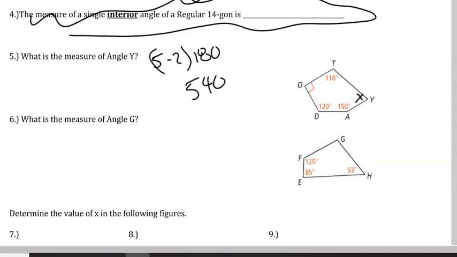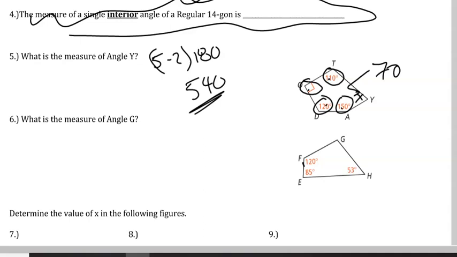Now let's take 540 and subtract away 90, subtract away that one, subtract away that one, and subtract away that one, and see what we end up having. So 540 minus 90 minus 110 minus 120 minus 150. That gave me 70 degrees left over. I did the sum of all of them, and I started subtracting away the ones they already gave me.